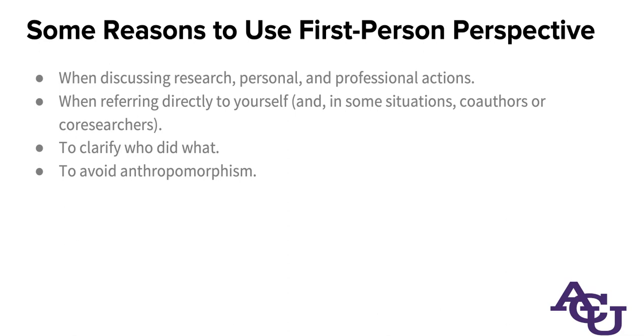If you say, oh, the participants were interviewed, that doesn't tell us who did it. Now, if you've said in a previous sentence, I will conduct all the interviews, or I conducted all the interviews, then that's fine. Then we know who did it. But in general, you want to make sure who's doing the action is clear, because it does make a difference in how many things are interpreted.